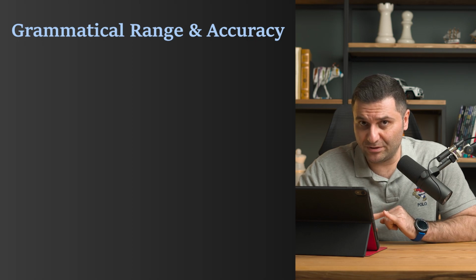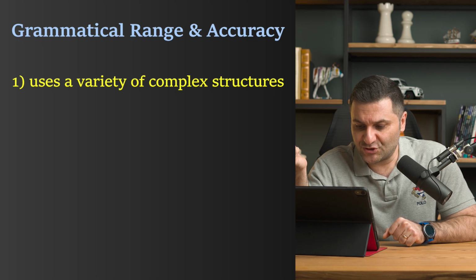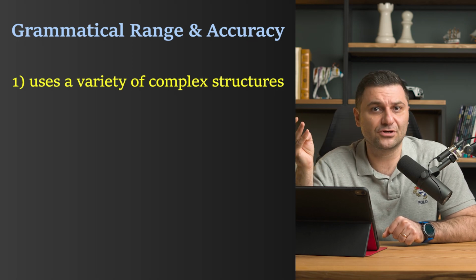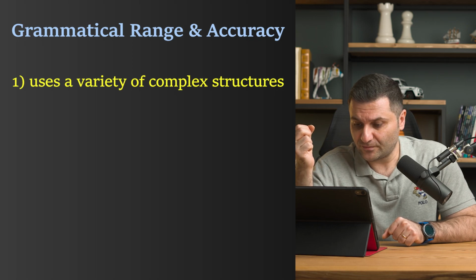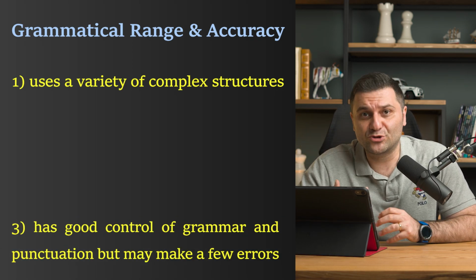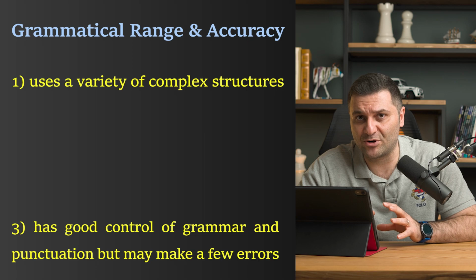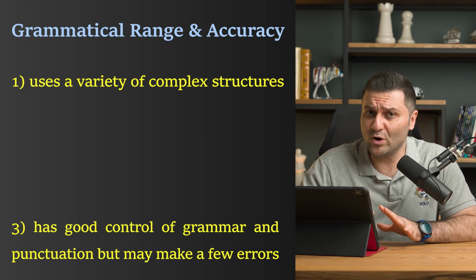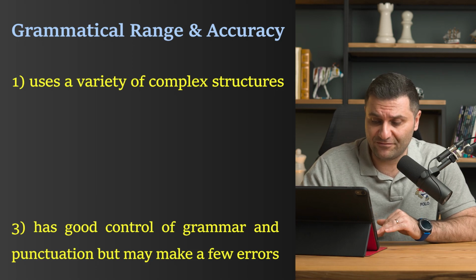You should be able to use a variety of complex structures, compound and complex structures that we will cover in our next sessions. And you should have good control of grammar and punctuation, and you may have very few errors. Remember, in grammar, maybe 1 or 2 grammatical mistakes if you want to get 7.5.